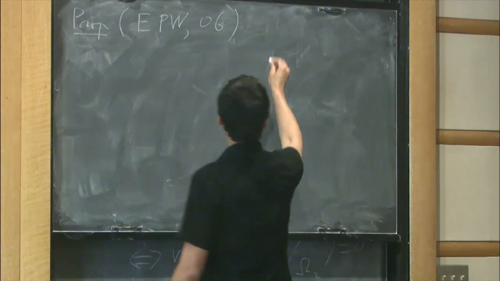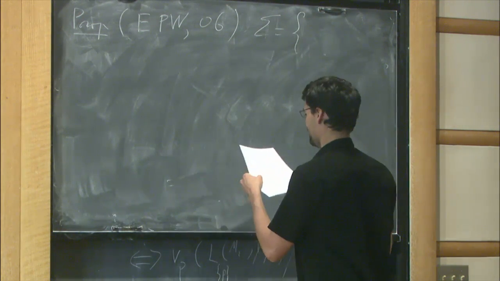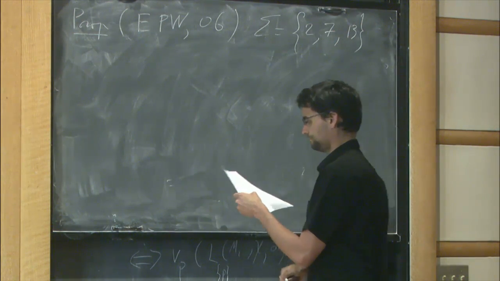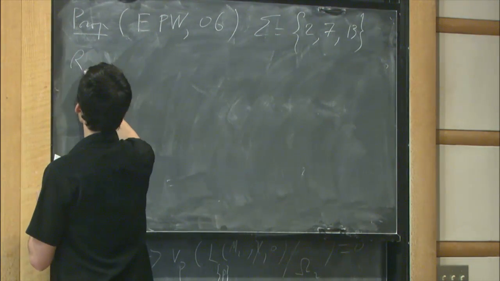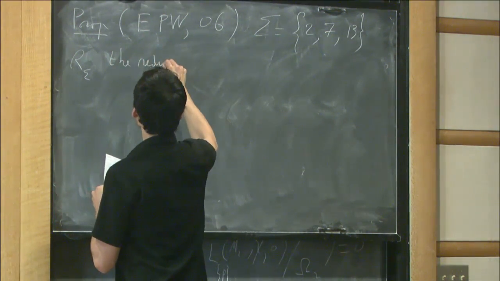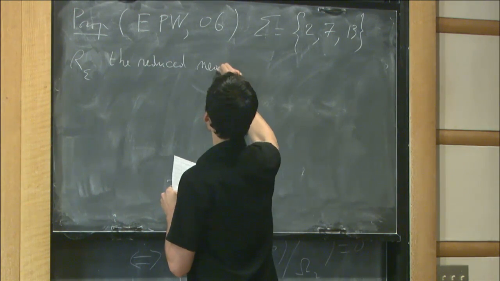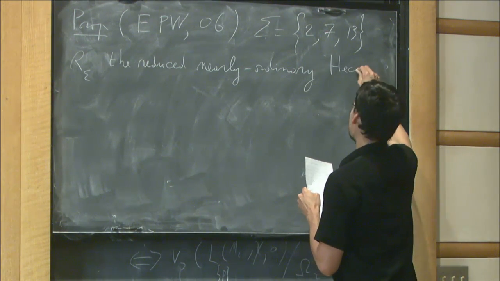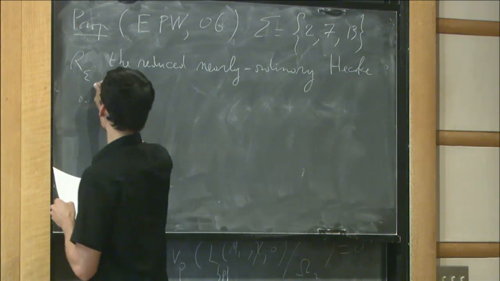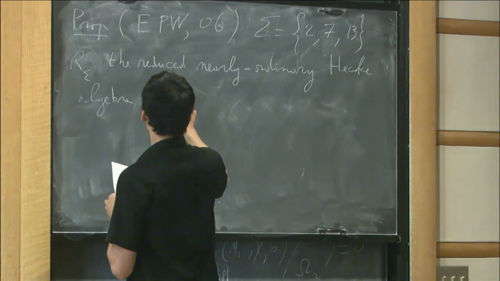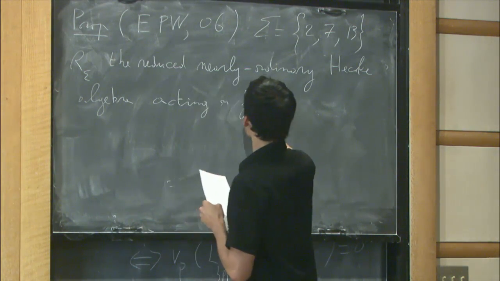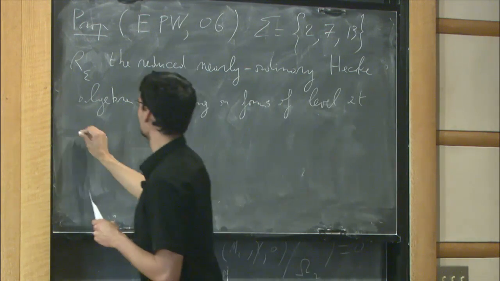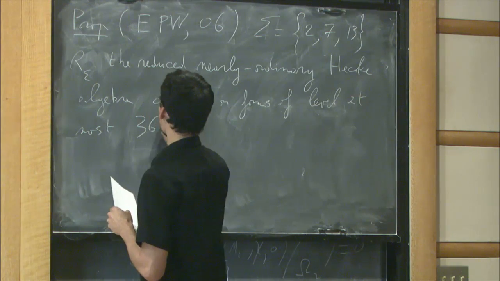So for that, I need to introduce a set sigma. It's a finite set of primes, and actually it's the set of primes 2, 7, and 13. And I will call R sigma the reduced, nearly ordinary p-adic Hecke algebra acting on forms of level at most 364.